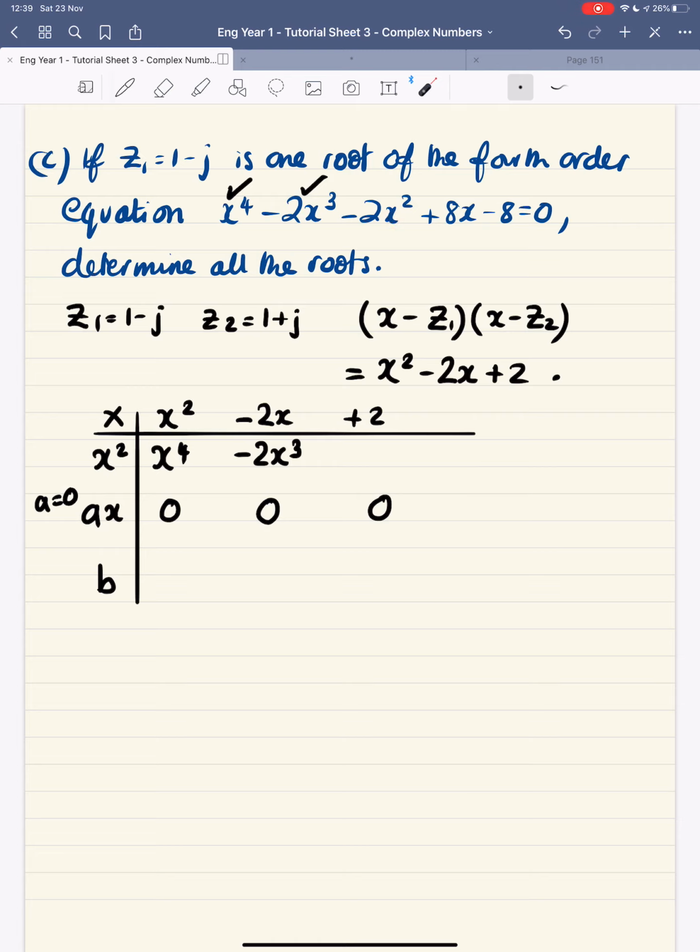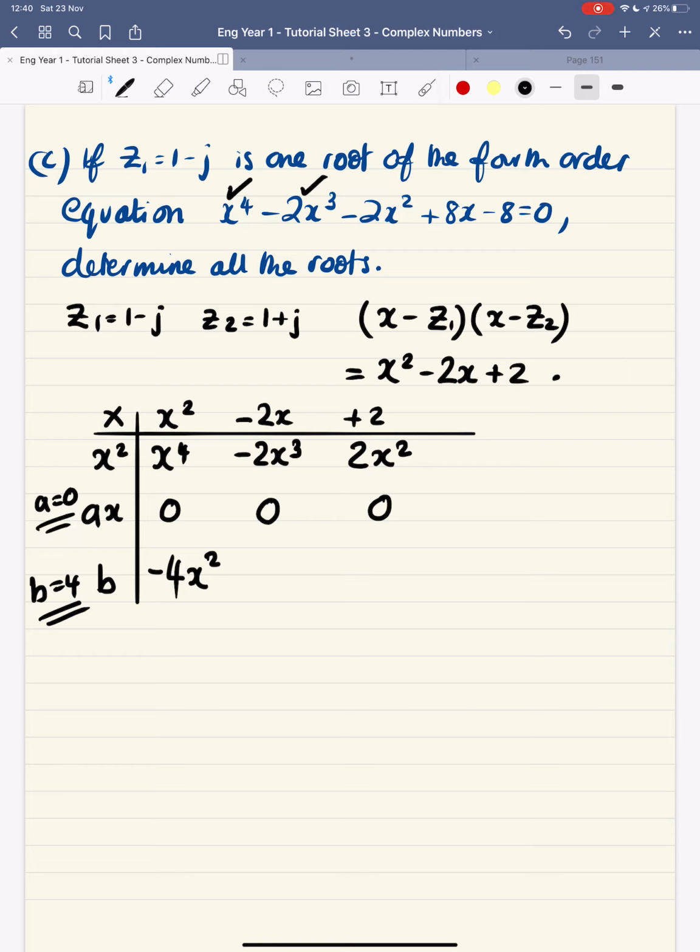We want minus 2x squared, and there we've got plus 2x squared. We need minus 2. We haven't got any x squareds in this middle row because of all these zeros. So the other place that we get x squareds is there. We've got 2, we want minus 2. So we've got to take away 4x squared. So b is 4.